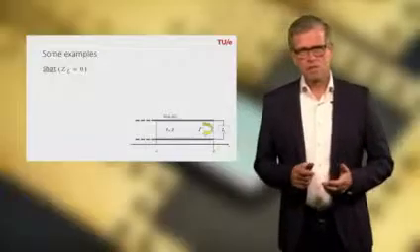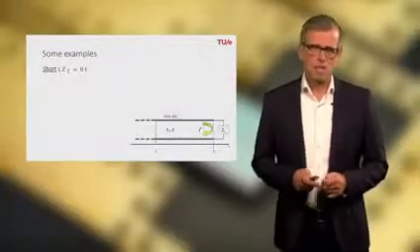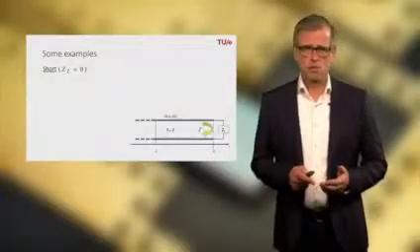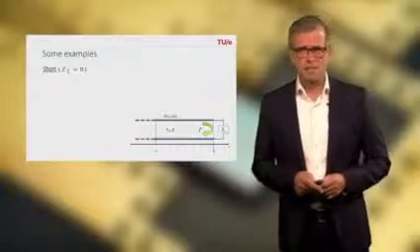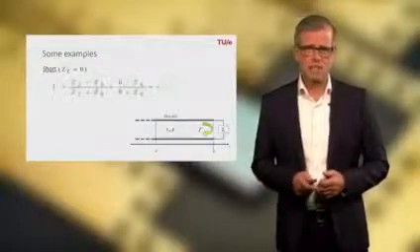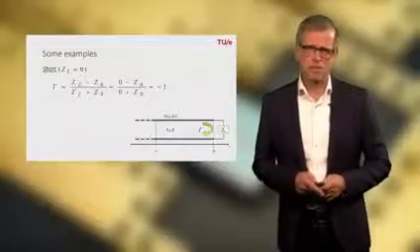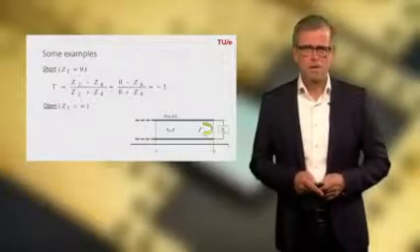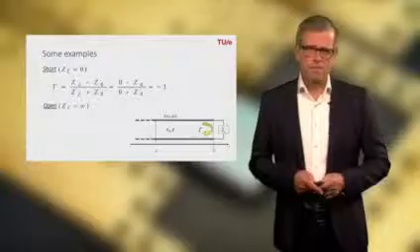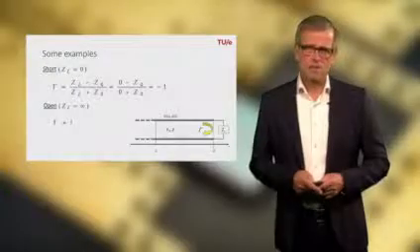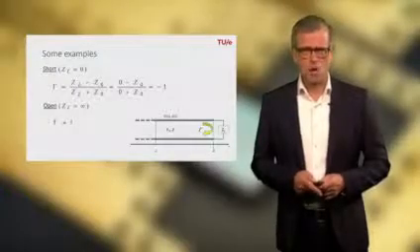Now let's look at some examples. If we short circuit the end of the transmission line, ZL is 0, and we see that the reflection coefficient is equal to -1. In the case of an open, ZL is infinite, and the reflection coefficient is 1.